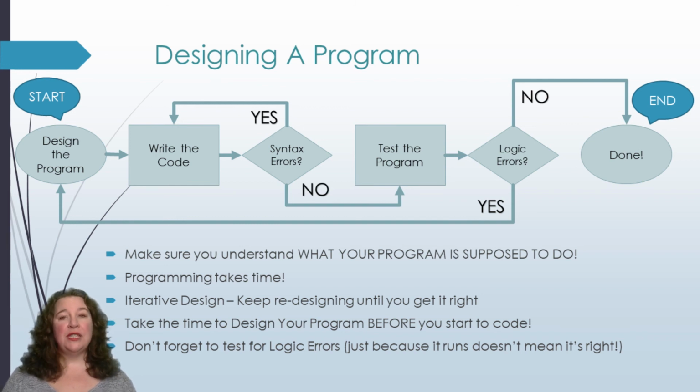So the first step of designing your program is to write or design your algorithm. Come up with a description of what it is you want to do. You're going to write this down in regular words in English, just saying, I'm going to do this, and then I'm going to do that. Oh, and then I think I'm going to do this here, and this is how I'm going to do that.